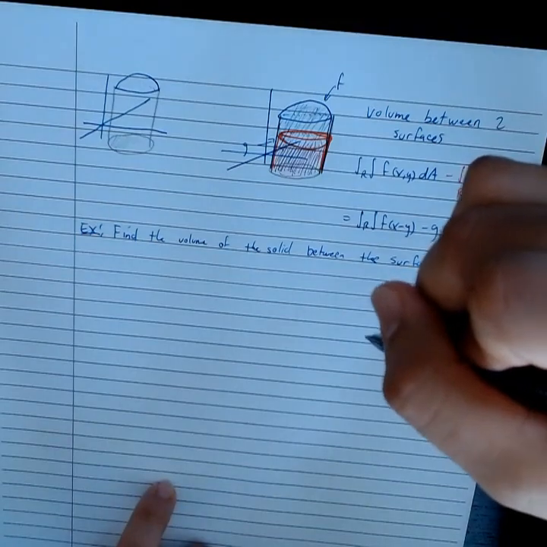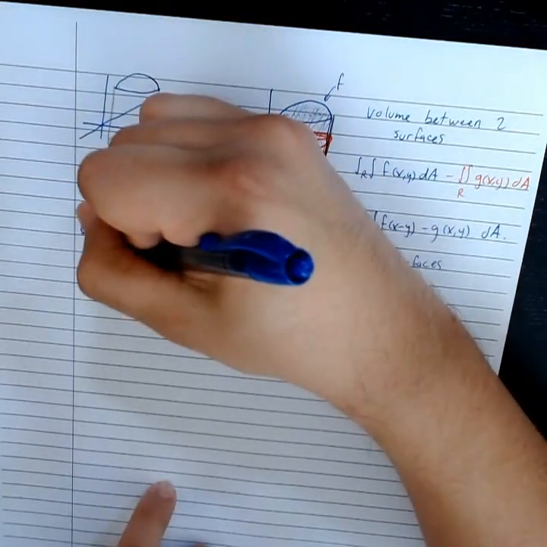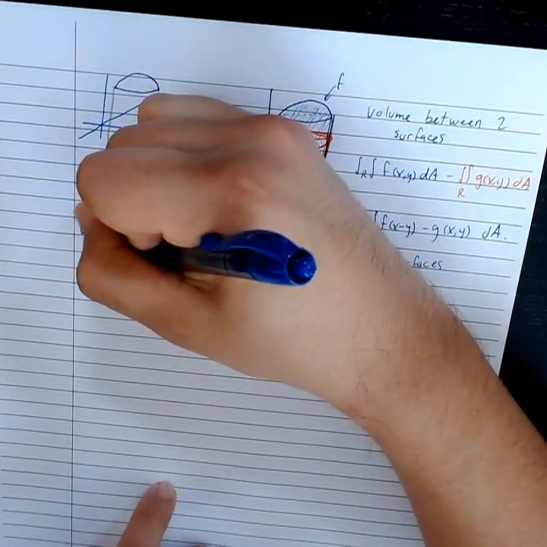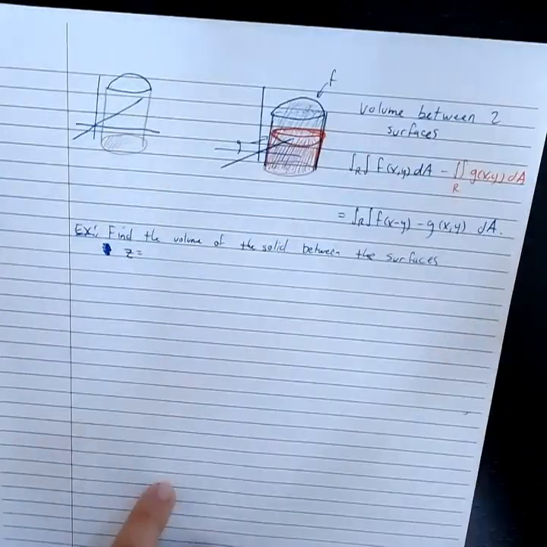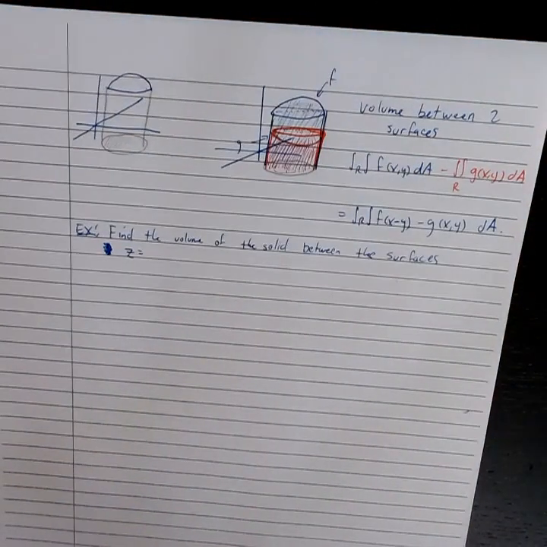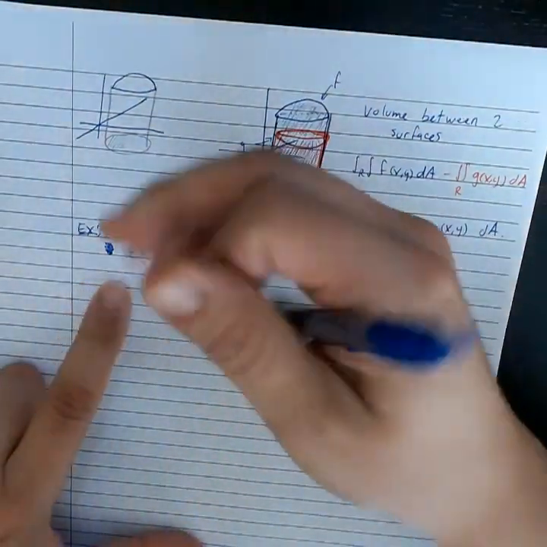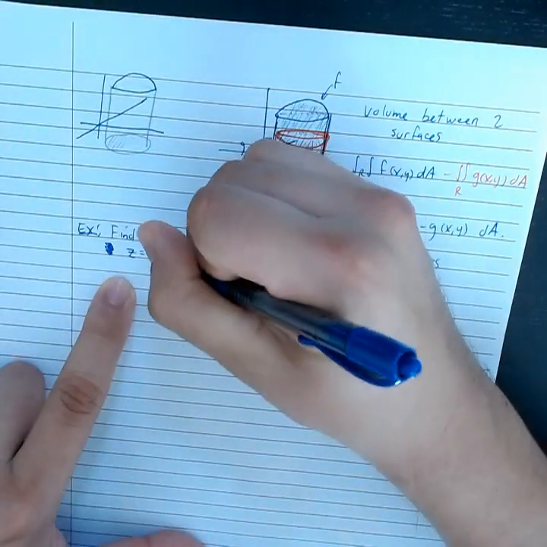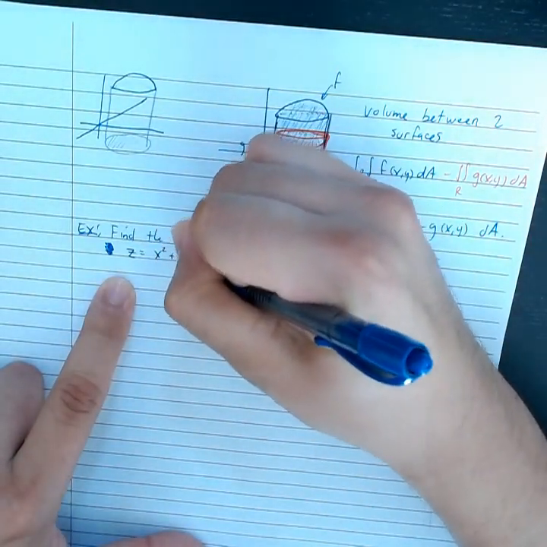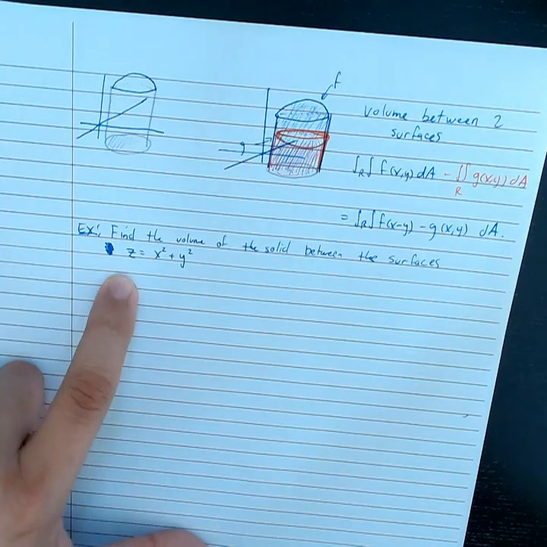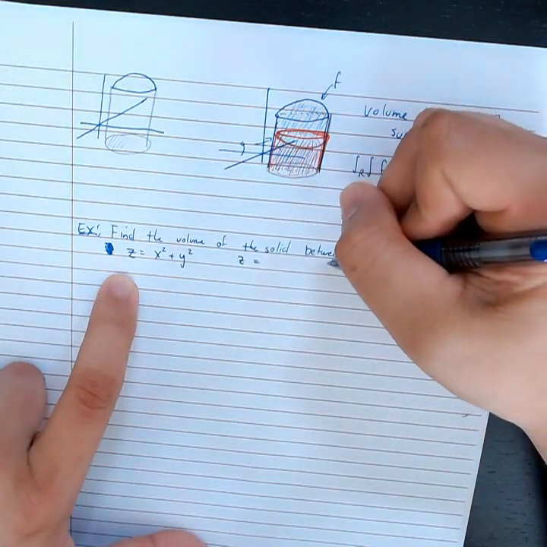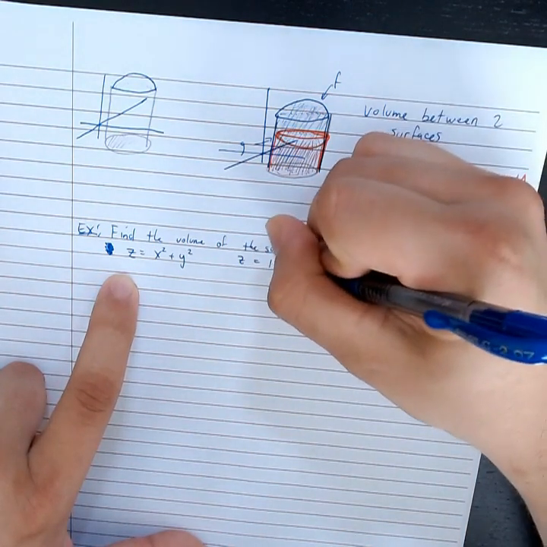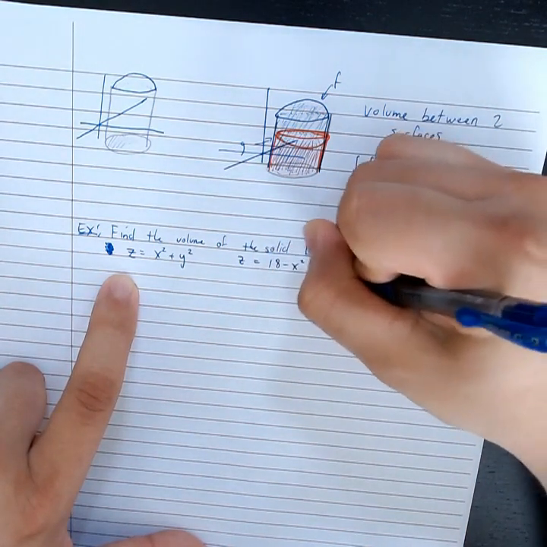Let's take z, here, well here, let's just call them z. z is equal to, oh, let's see, what do we want to use? Okay, z is equal to x squared plus y squared, and z is equal to 18 minus x squared minus y squared.